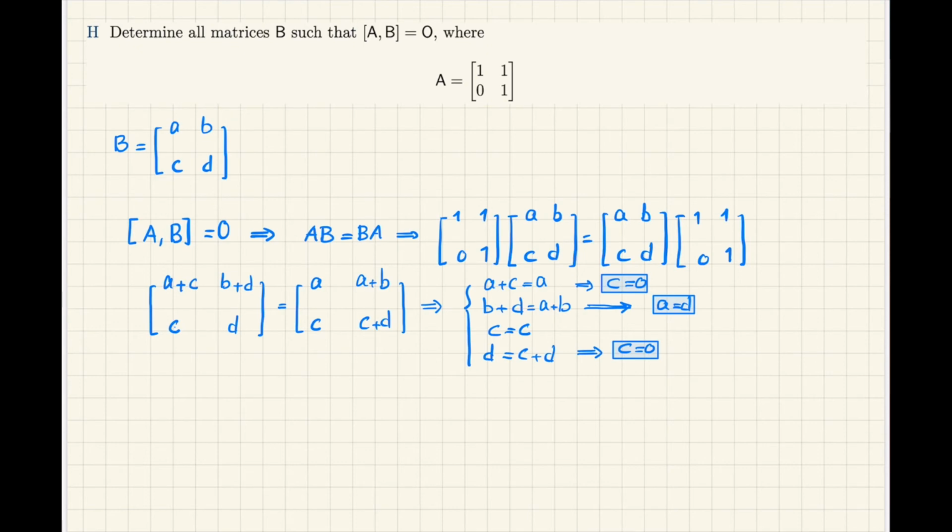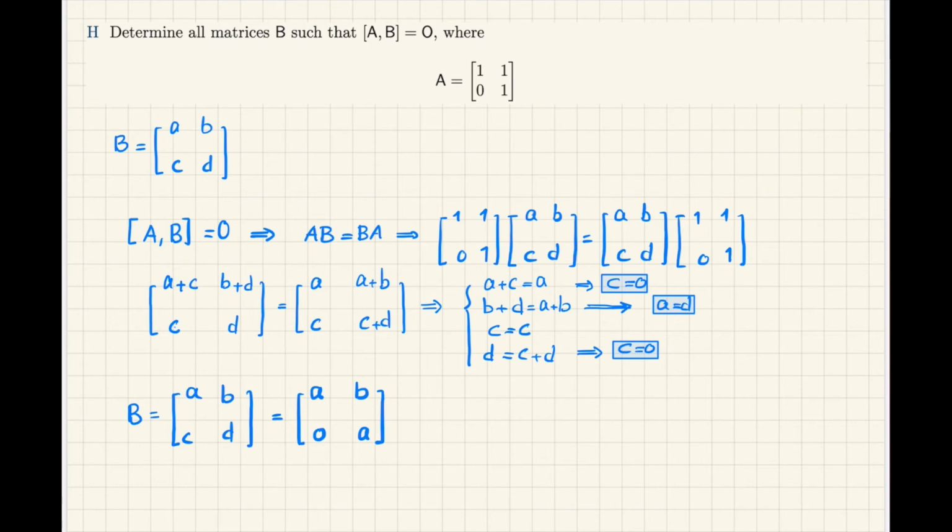So it means that the general form of my matrix B was A, B, C, D. But then A is equal to this, so let me write A instead of B. I don't have any restrictions on B. So B is B, C has to be equal to 0, and D has to be equal to A. Yes?